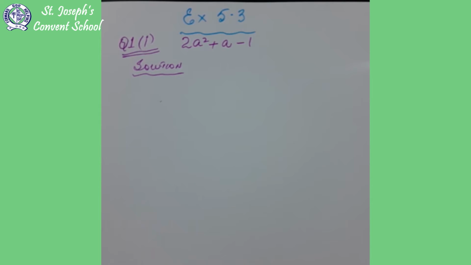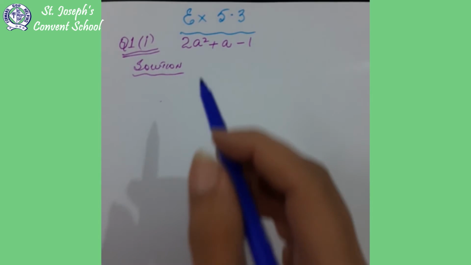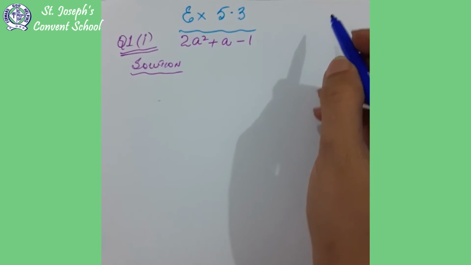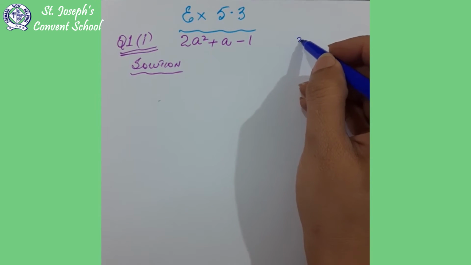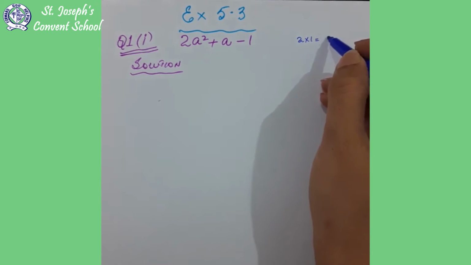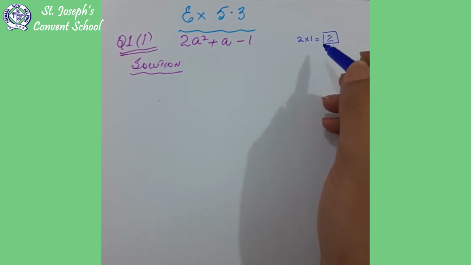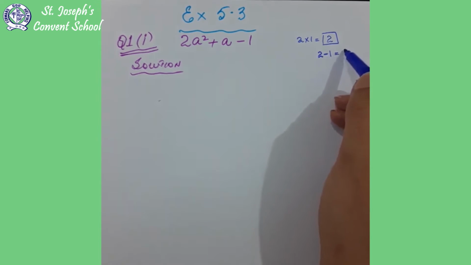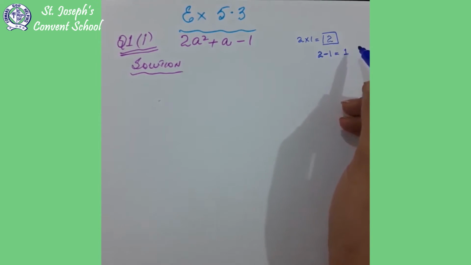What we do, first step is to multiply first and last term. Okay, first is 2, coefficient of this 2 into 1. So multiply 2 into 1. 2 into 1 is 2. So factors of 2 are only 2 into 1. So it means that if we subtract 2 and 1, you will get the middle term, right?